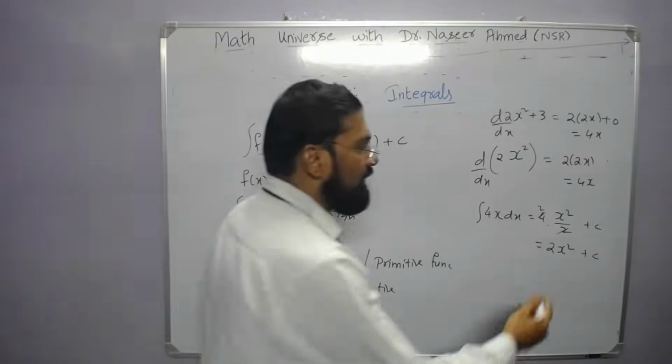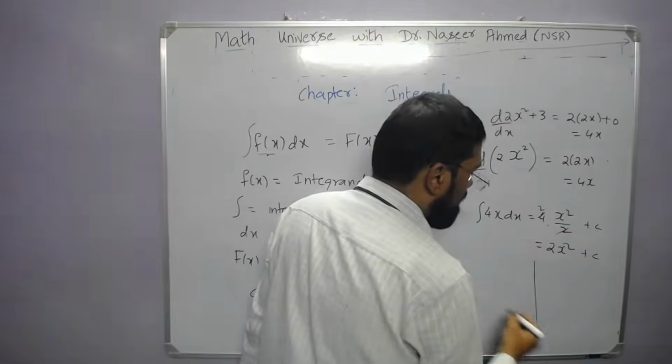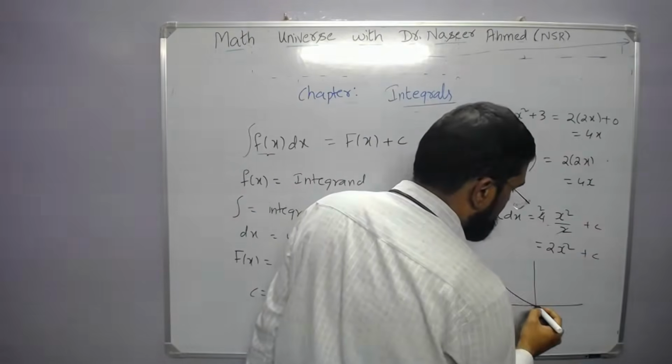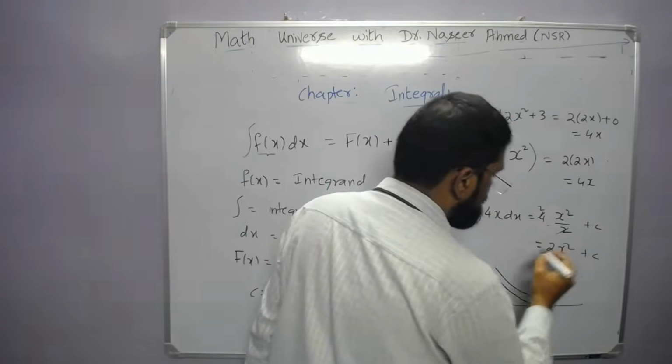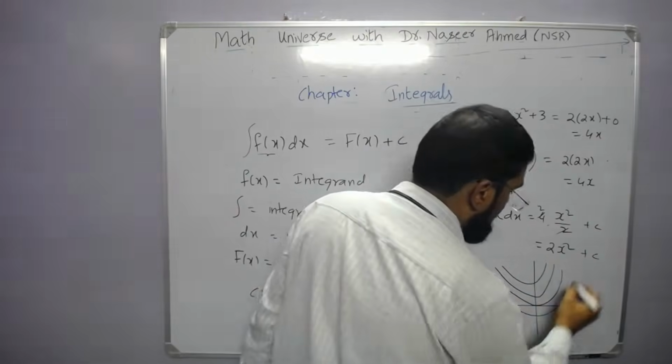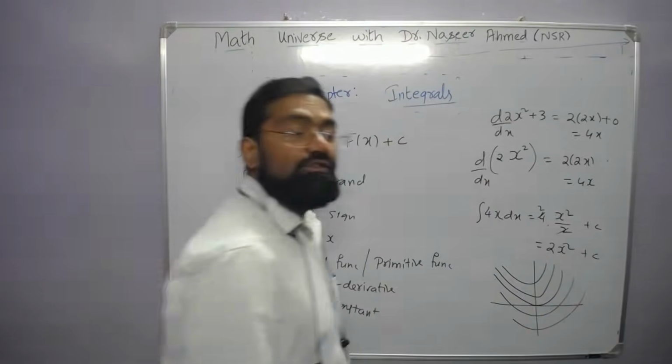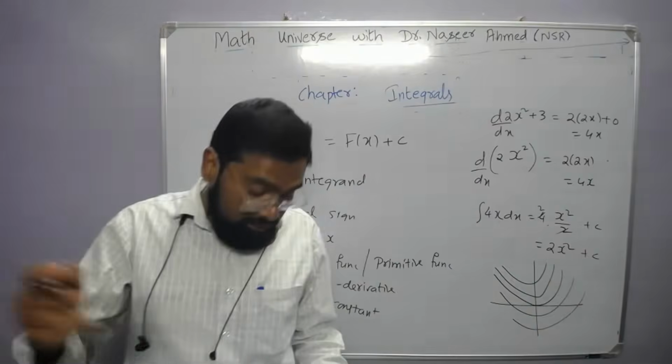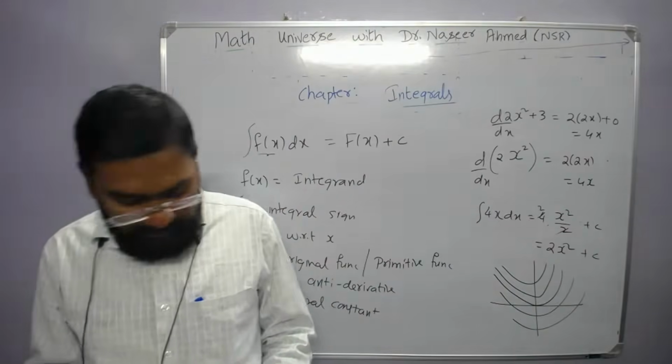So this is a parabola, 2x squared. So parabola 1, parabola 2, parabola 3, like this we can have below also. So you have a family of parabolas. Now the question is on this only.